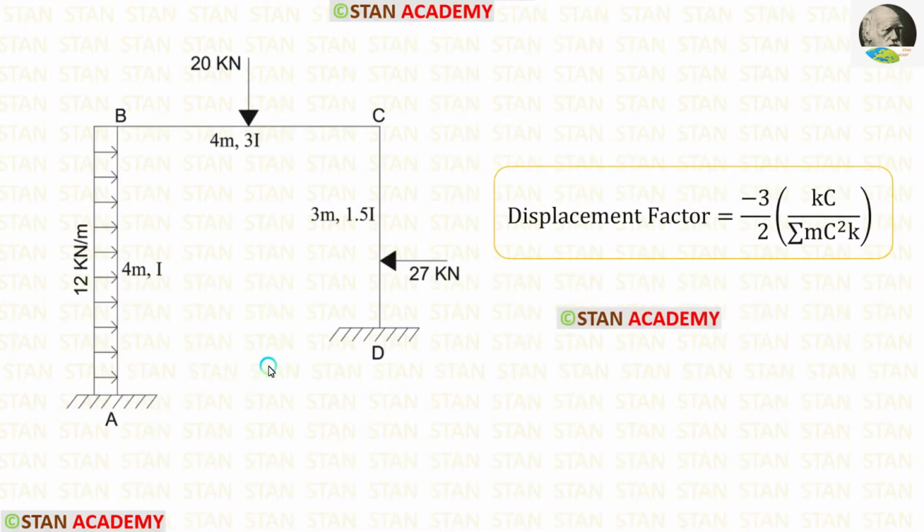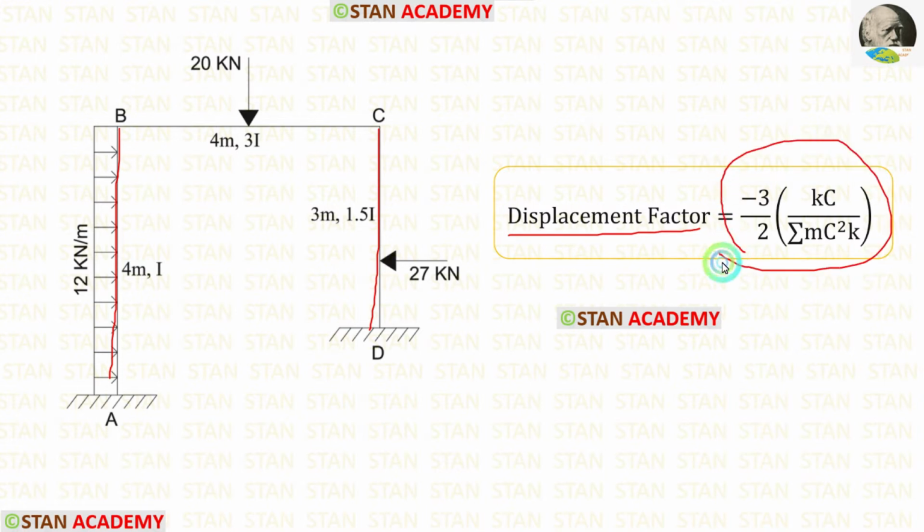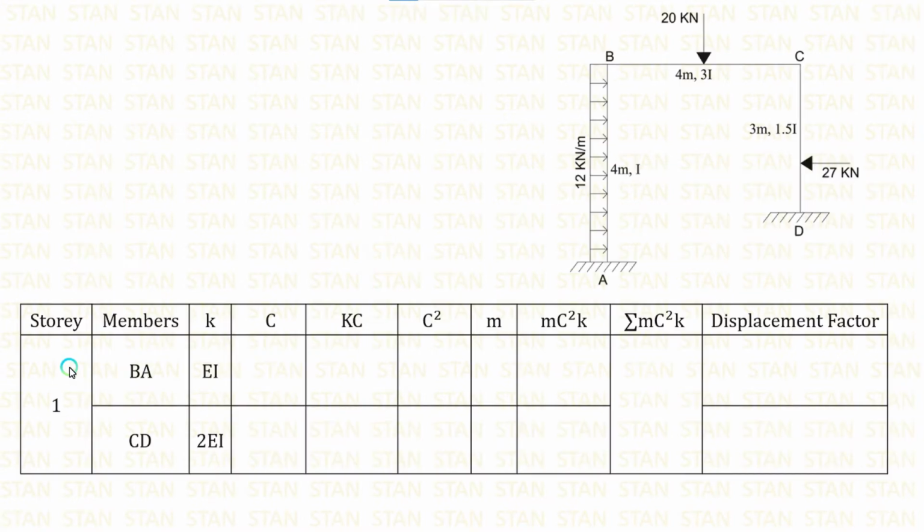We know that this frame is subjected to sway. In this case, we have to find the displacement factor for the columns BA and CD. Since both of the columns are having different lengths, we have to use this formula. Let us see how to apply the values inside this formula. Let us make one table.